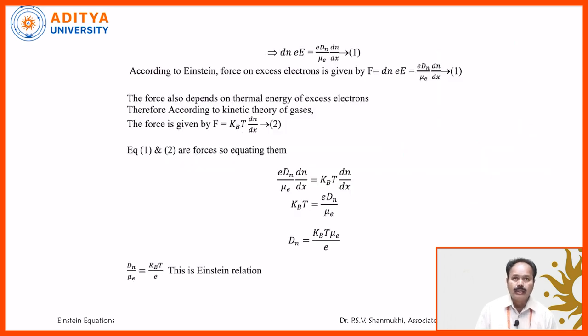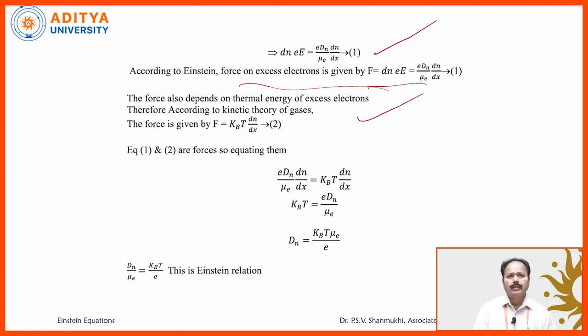So equating these two, we get Δn e μe E equal to e Dn dΔn/dx. According to Einstein, these excess electrons are acted on by a force: the force equation Δn e E on the left-hand side, and e Dn dΔn/dx on the right.